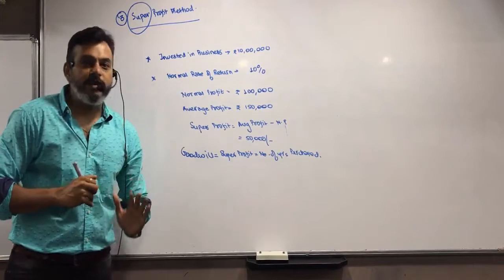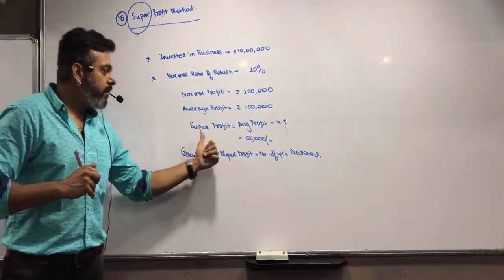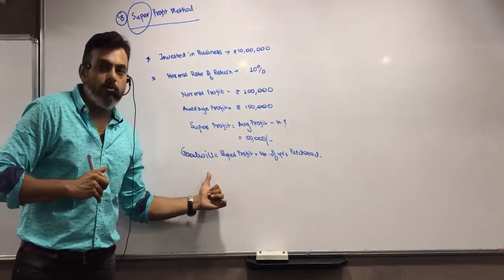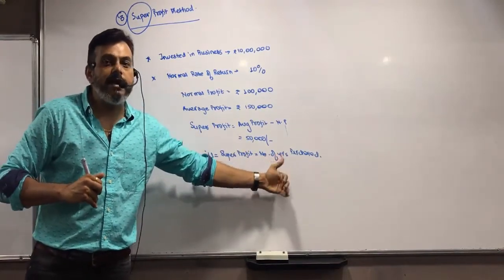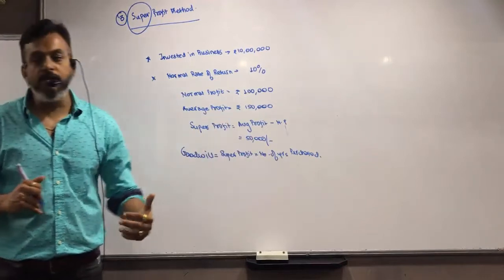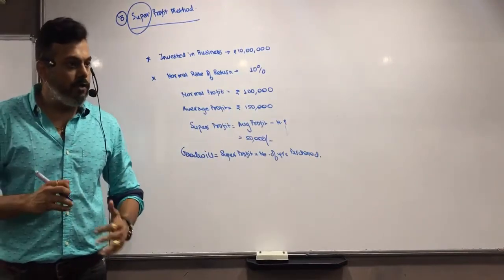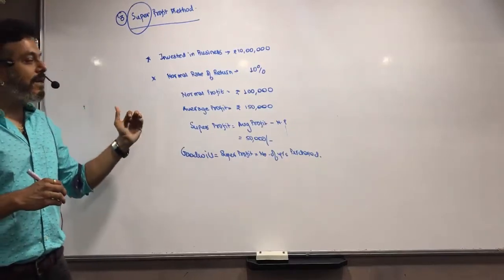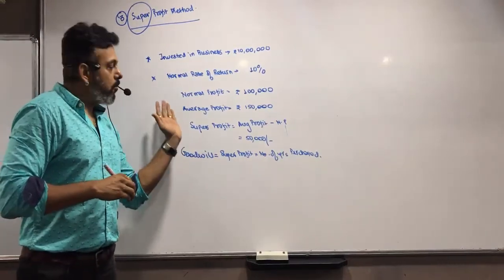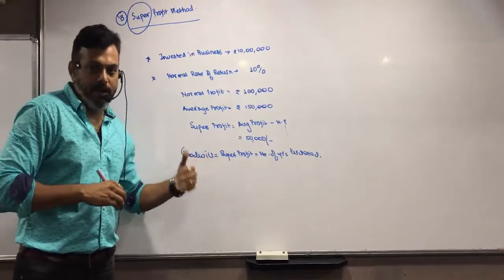All the information will be given in the sum. We find out the super profit and apply the formula of goodwill: for how many more years can I carry forward this extra profit. That will be my value of goodwill. You got a fair idea about how this method works? Capitalization method is also connected with this, but we'll go one by one.